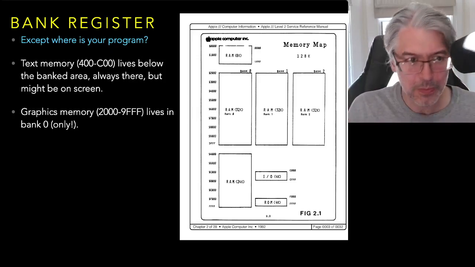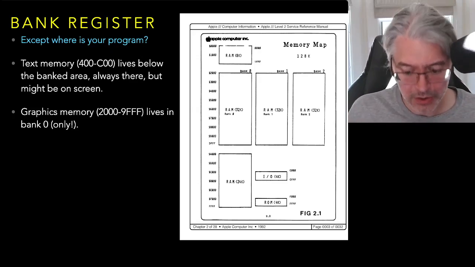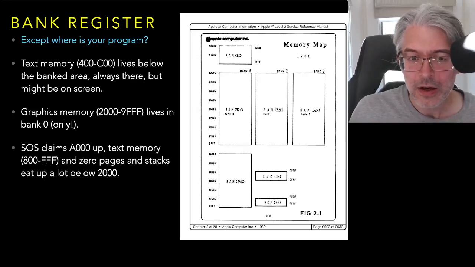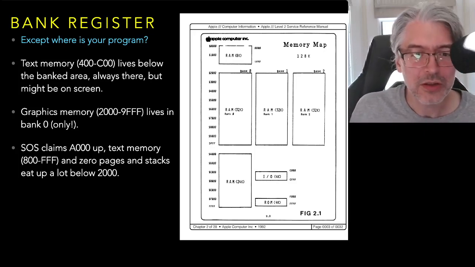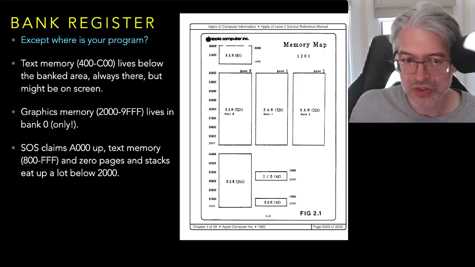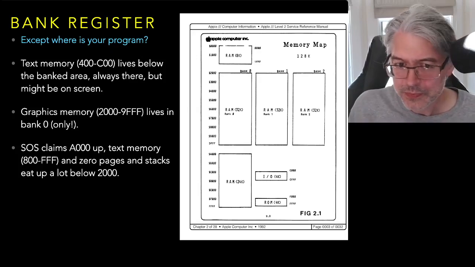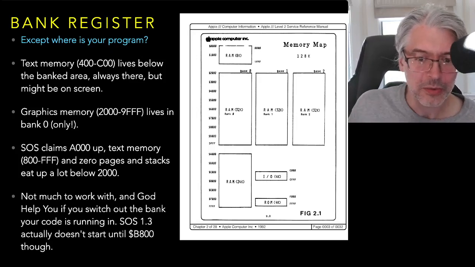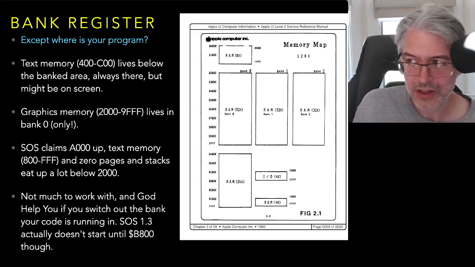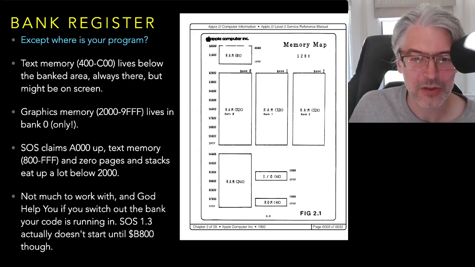So if you're going to be putting pixels on the screen, it's going in bank 0 in that space. And then SOS claims 8000 up. Like, you're not supposed to use 8000 up because it reserves that space. It turns out that actually it doesn't, in fact, start until B800. So you're safe between 8000 and B800 until the next version of SOS.